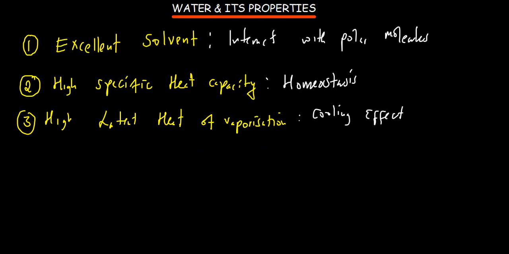The next property that we need to know about water is a property related to density. If you did pure sciences or even just ordinary sciences, you should have learned in physics what is known as the anomalous expansion of water, or the abnormal expansion of water.